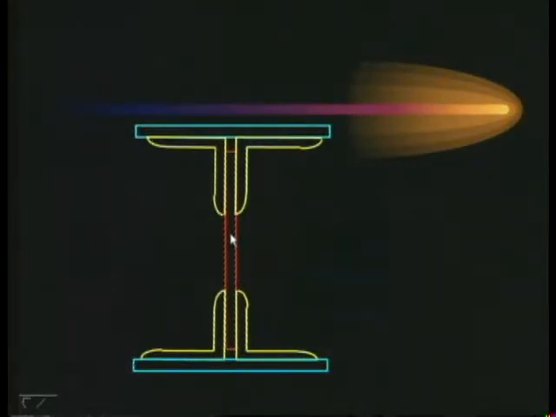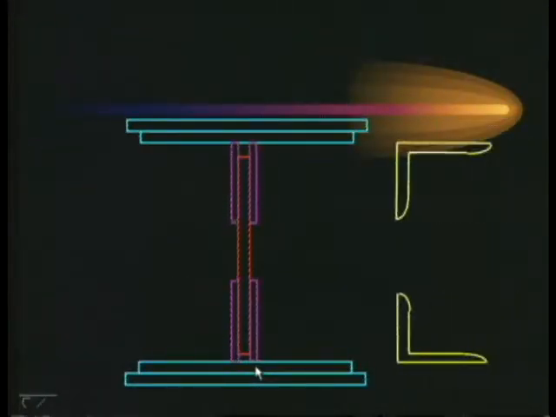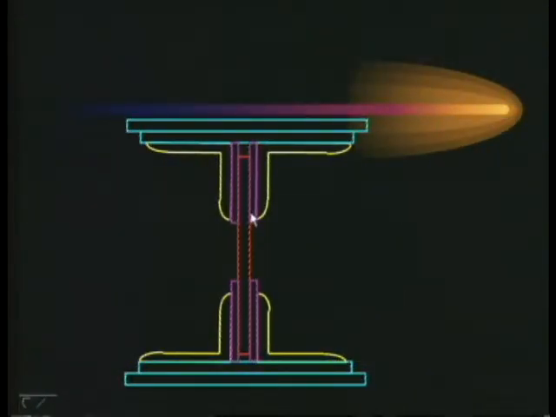So you have a web plate, one flange plate on the top, one flange plate at the bottom, and 4 angles. Now to the next one. See, this section will obviously offer much more section modulus, or it can resist more bending moment.